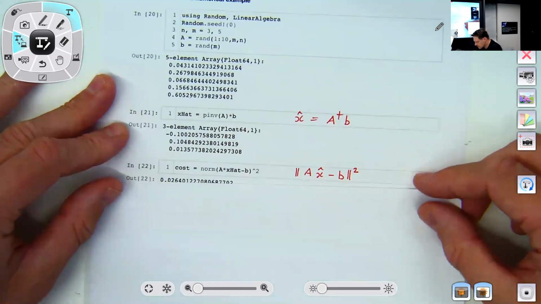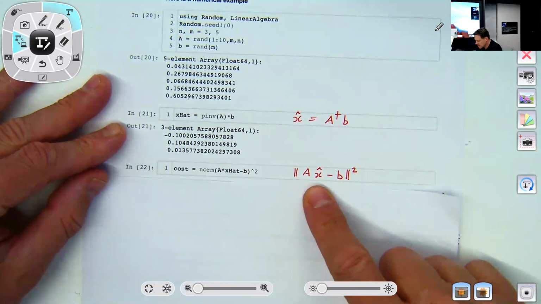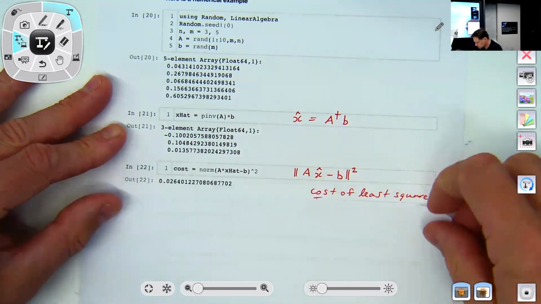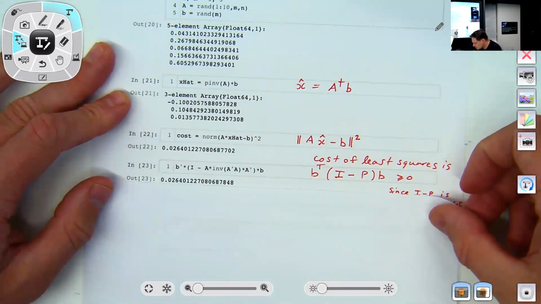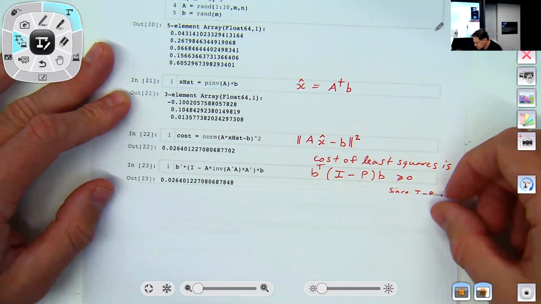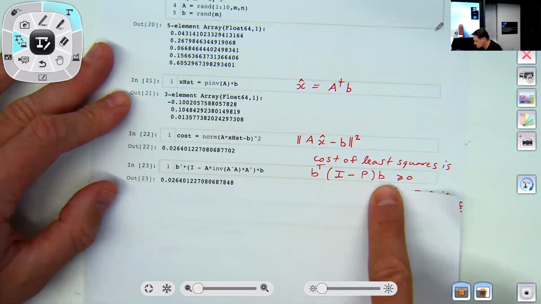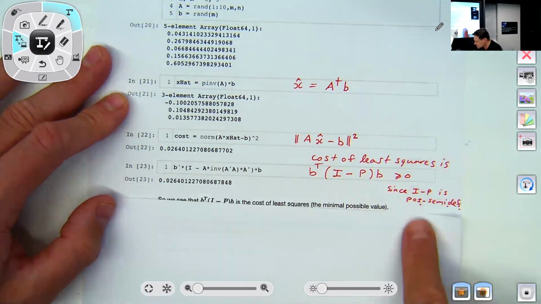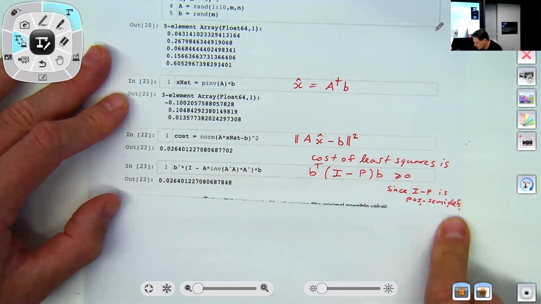All right, and then next, the cost is the square of the norm of A times x hat minus B. Remember, x hat is this one. All right, and so the cost of least squares is B transpose times I minus P times B, which we know is greater or equal to 0, since we deduced previously that I minus P is positive semi-definite.